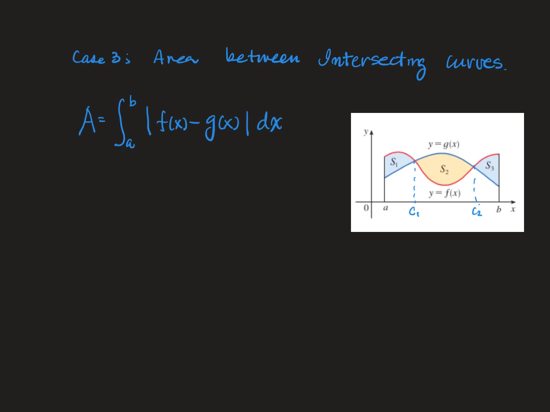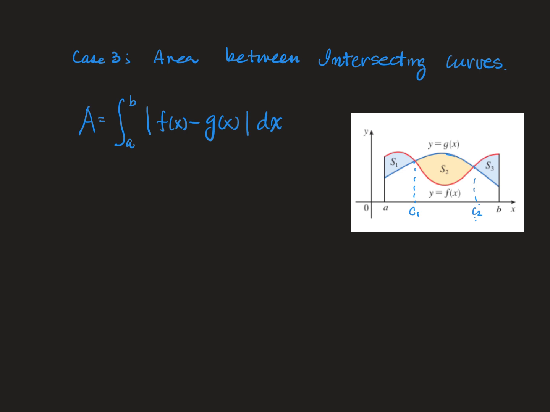In the previous two cases, the two curves don't meet or intersect. But the third case is where, on some interval, f is up; on the second interval, from c1 to c2, g of x is up; and from c2 to b, f of x is up. In these cases you have to be very careful, because height is always positive, which means area should always be positive.